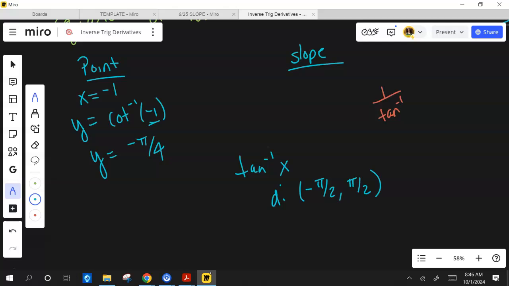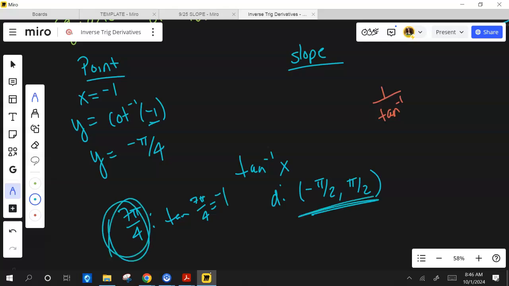You can also graph inverse sine and inverse cosine and see their domain restrictions. What I'm getting to here is, even though at 7 pi over 4 the tangent value is -1, this is not in the domain. So I have to use negative pi over 4, because I have to be between negative pi over 2 and positive pi over 2.